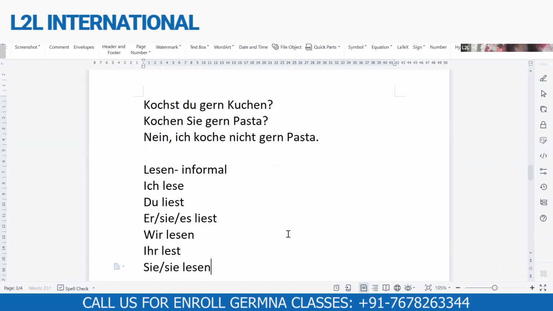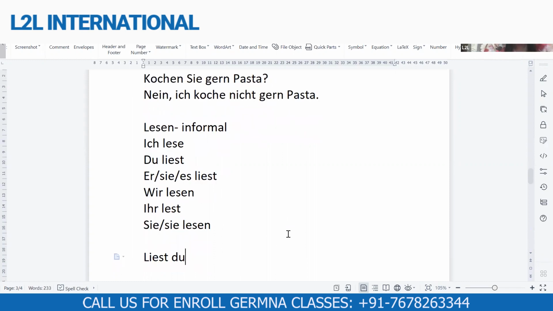So now, if somebody asks me, Liest du gern Bücher? Do you like to read books? My answer is, like, I like it and I also don't like it. So if you cannot decide on a positive or a negative answer, you can simply say, Es geht so. Es geht so means the answer is equivalent to yes or no kind of thing. I won't give you an exact translation because it will not make sense.